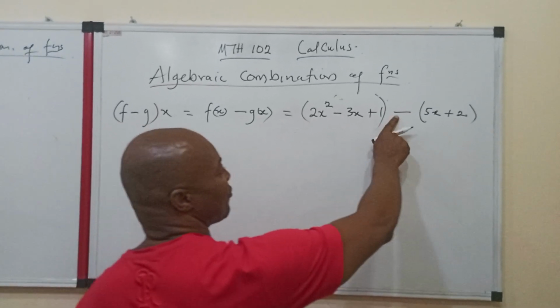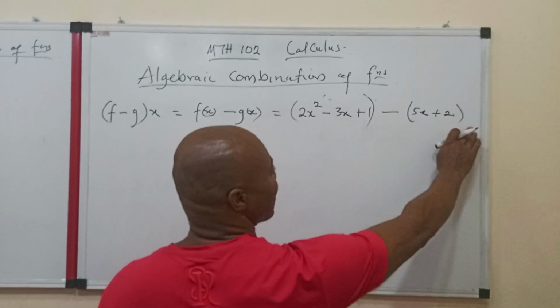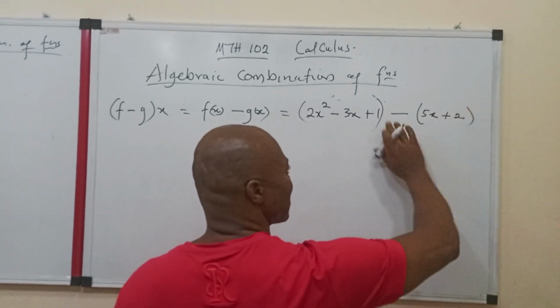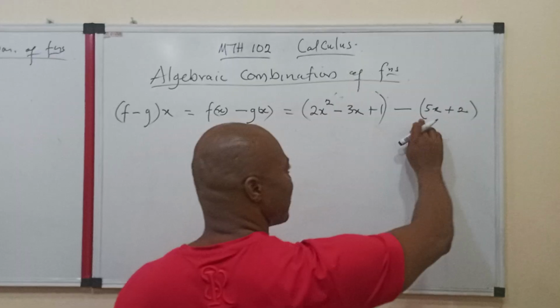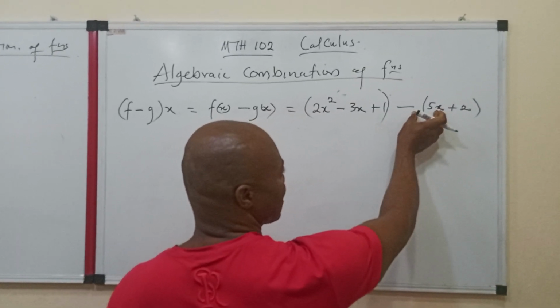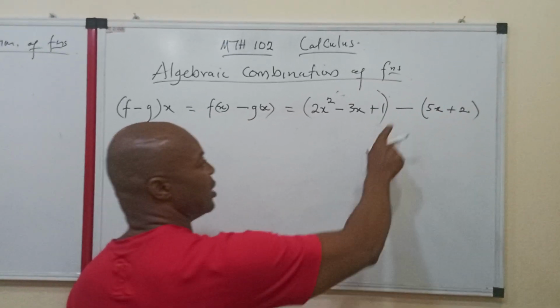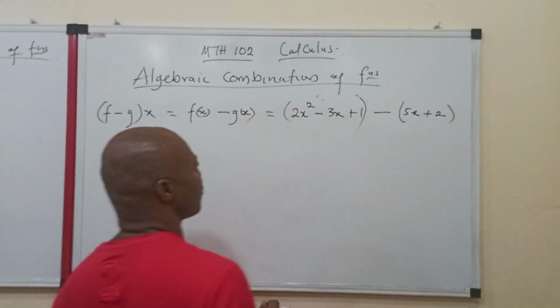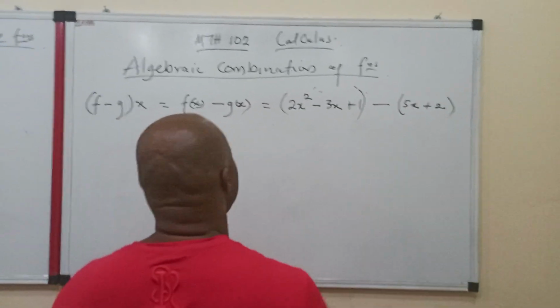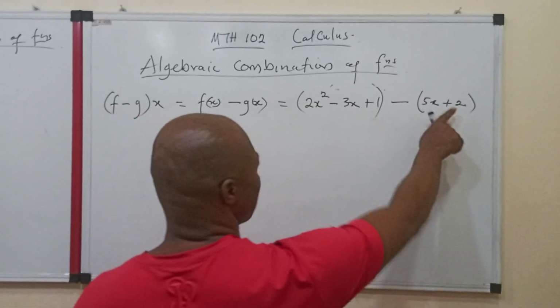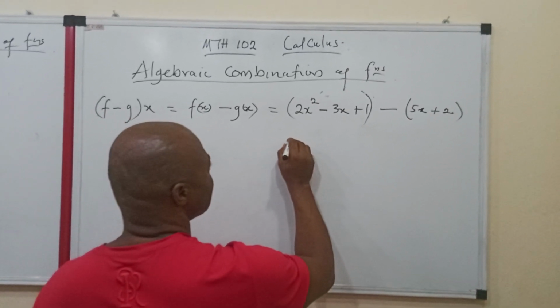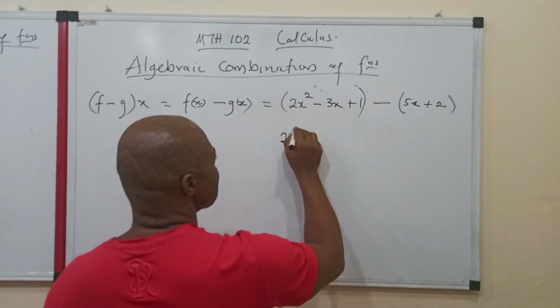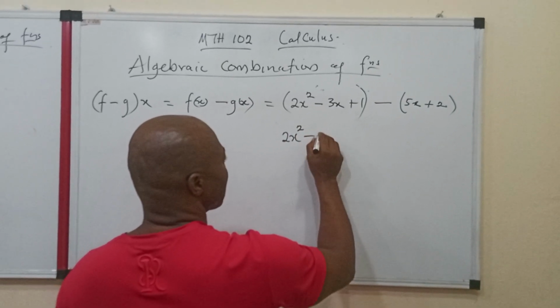Now, this sign is in front of this one, so it's affecting this one. The bracket means it's affecting all. If there is no bracket, we would have said only this. Meaning this negative sign is affecting all of them because of the bracket. Now, meaning that what we have here is 2x squared for here.